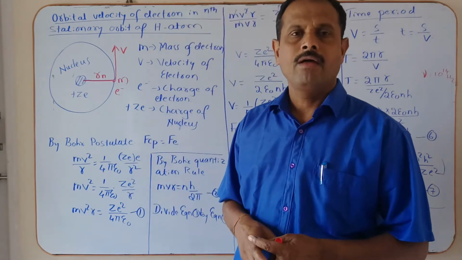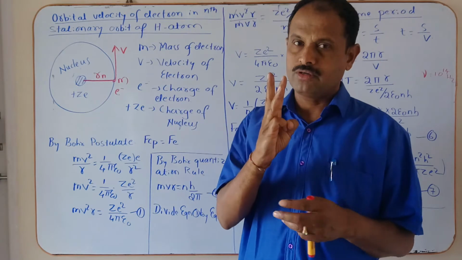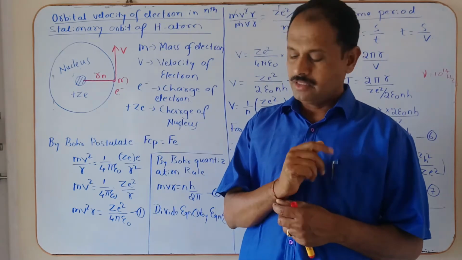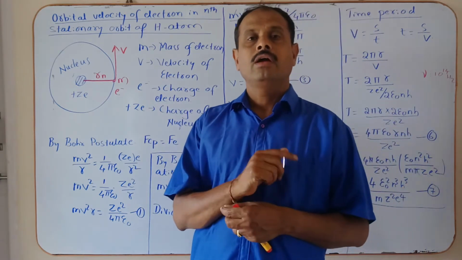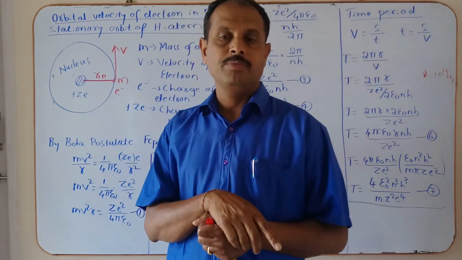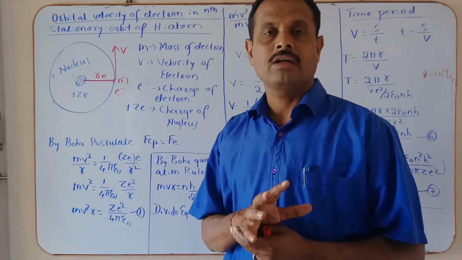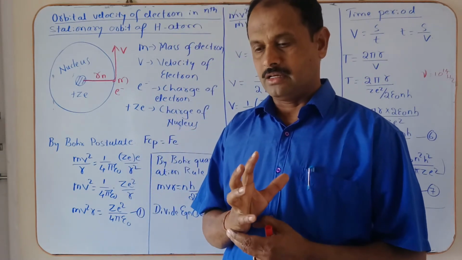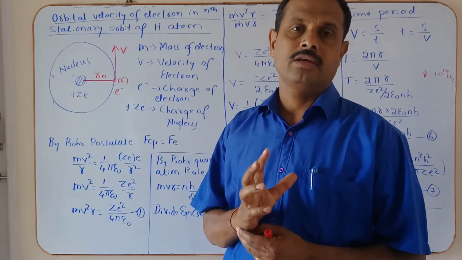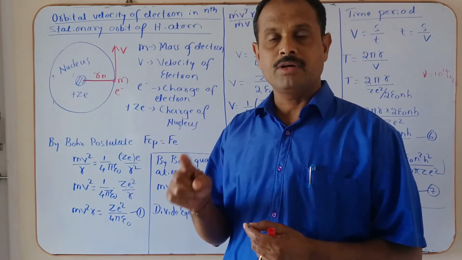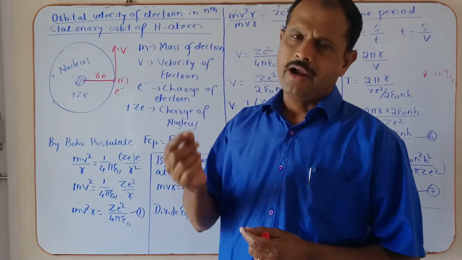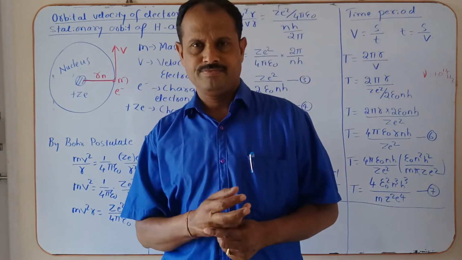Now, already you know the important three postulates of the Niels Bohr atom model, and in the previous video clip you obtained the expression for the radius of the electron in the nth orbit of the hydrogen atom and the nth orbit of any atom.